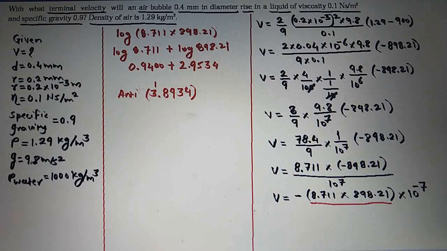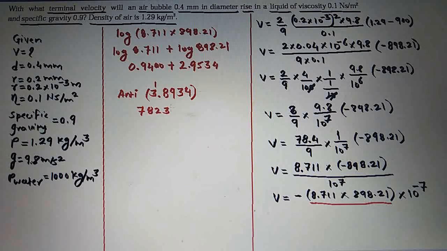In antilog we will find out the antilog of this fractional number, that is 0.8934, and if we find the antilog of this 0.8934, that will be 7823.